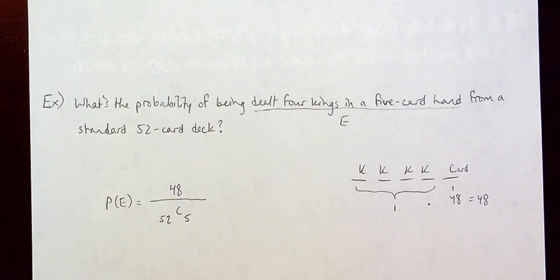Maybe at first that seemed a little bit more complicated to understand. Maybe it still is, slightly. But if you just pause, slow down, and think about it, you'll see that it does make sense. There are only 48 5-card hands that you could be dealt that will have all 4 kings.